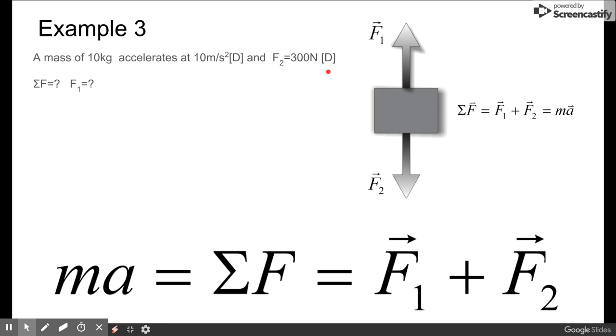and I'm telling you F2. So I'm giving you the acceleration, but I'm only giving you one of the forces. I'm giving you this force, and I've told you a, but I have not told you the sum of forces. But in fact, the sum of forces is related to a.